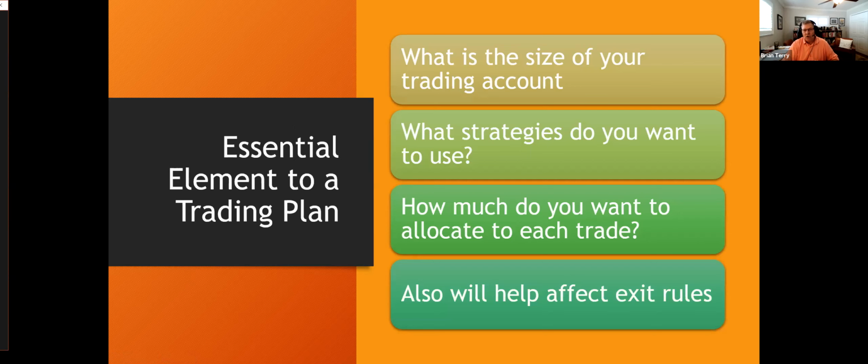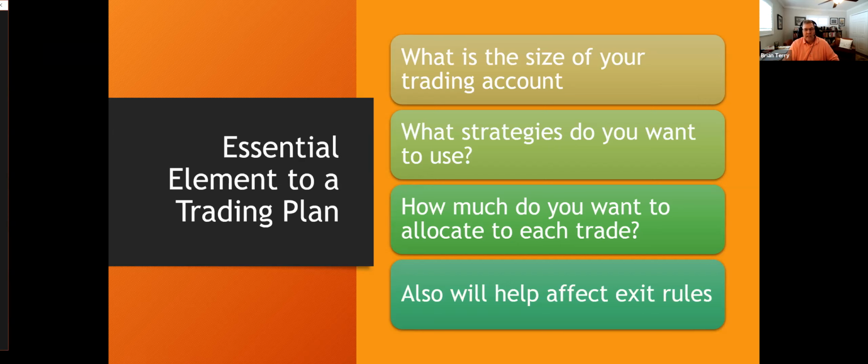Then you want to determine what strategies you want to use with this amount of money. You could buy other stuff in addition to this strategy, but you want to allocate a certain amount for this particular overall strategy. You could have 5 different trades that you're doing, but you want to segregate them in terms of your trading plan.